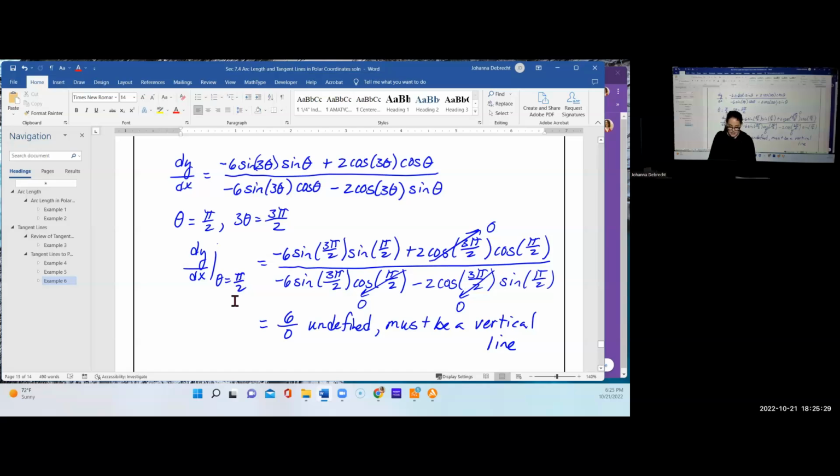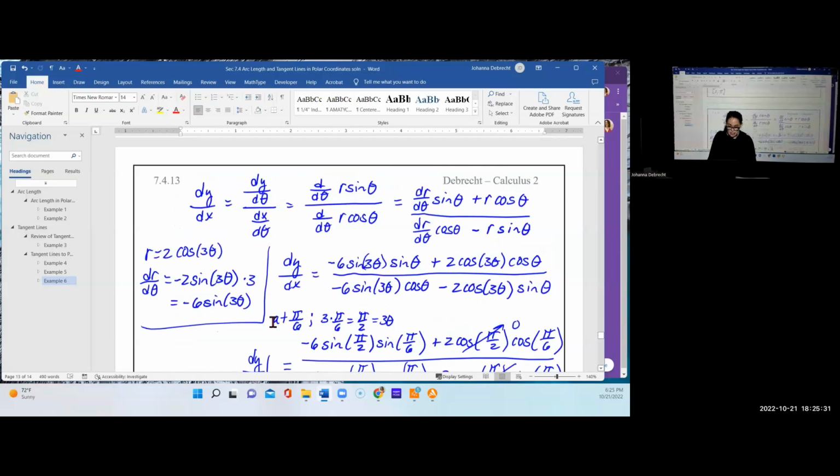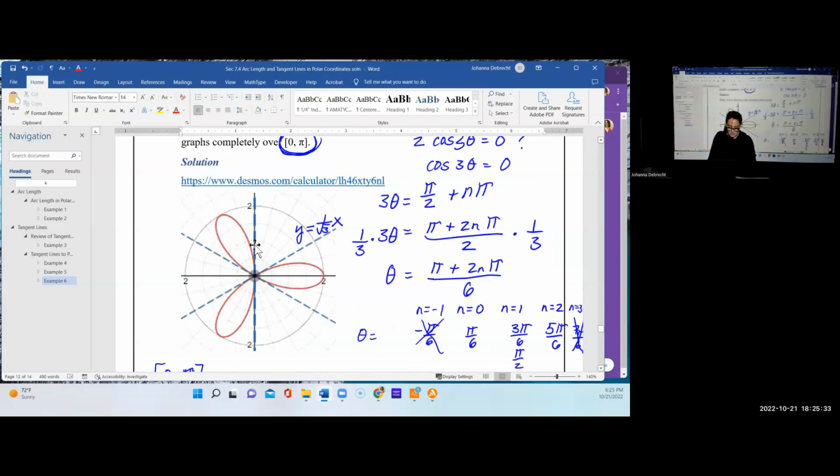So this is when theta is equal to pi over 2, coming in at this angle right here. That's basically just the y-axis, which has equation x equals 0. It's the vertical line going through the origin, so the equation is x equals 0.